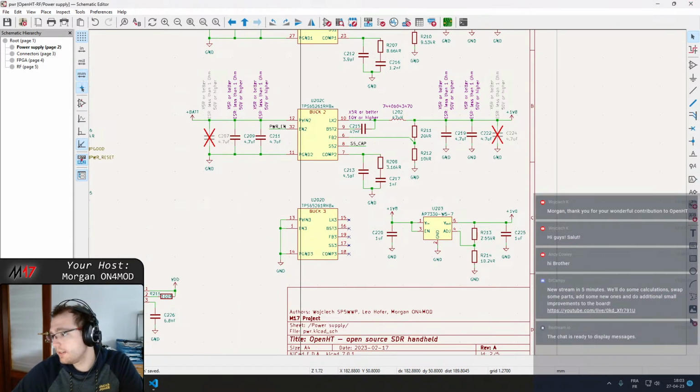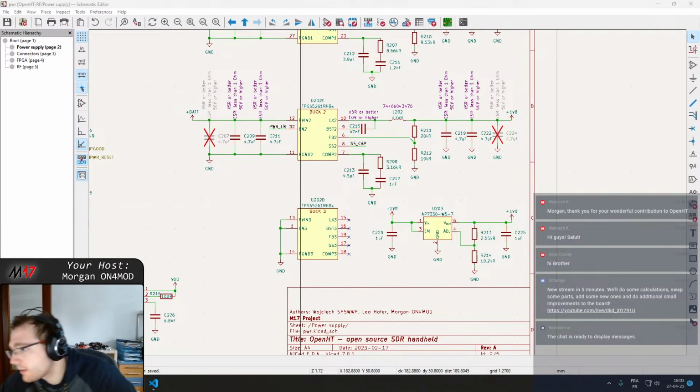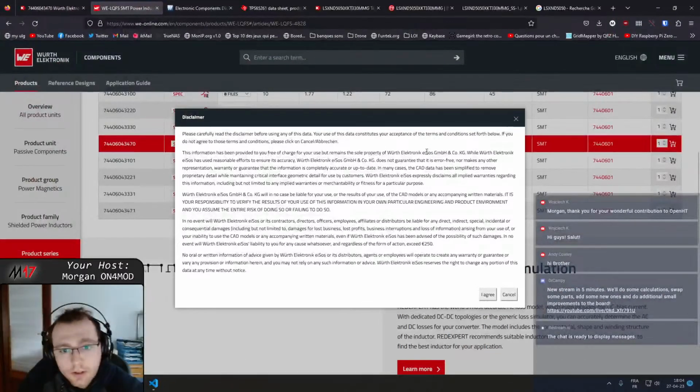So we don't have any step file. I think they offer one for download on their website, but yeah, it's not open source as always, I guess. So yeah, it remains a property of Wurth Electronic, blah blah blah.